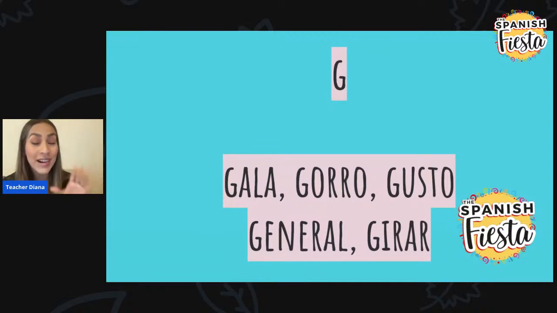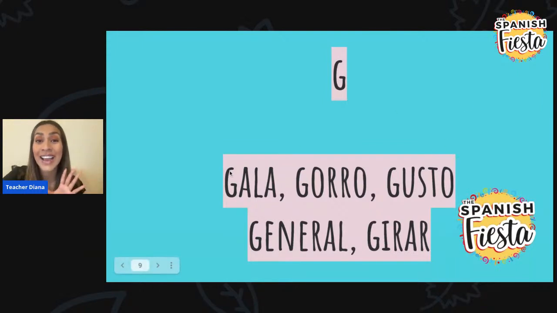Remember, there will be a particular class to learn the sounds and combinations with letter G, all right? Let's review how it sounds with letters A, O, and U, and then with E and I. Tenemos gala, which is the same word, gala.